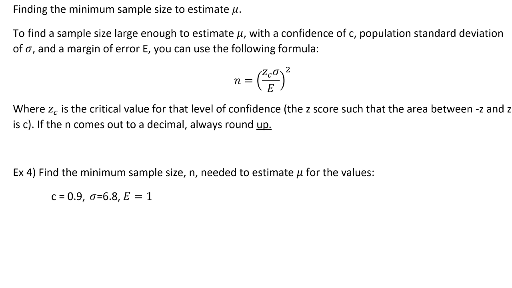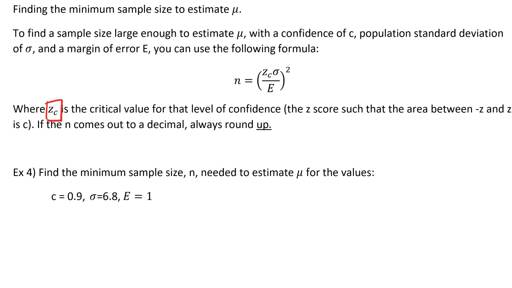So we have N equals Z sub C sigma over E all squared. Now, this part, Z sub C, is the critical value for that level of confidence. So it's the Z-score such that the area between negative Z and Z is C. So if C was 90%, then this is the Z-score that 90% of the data is in between negative Z and Z.